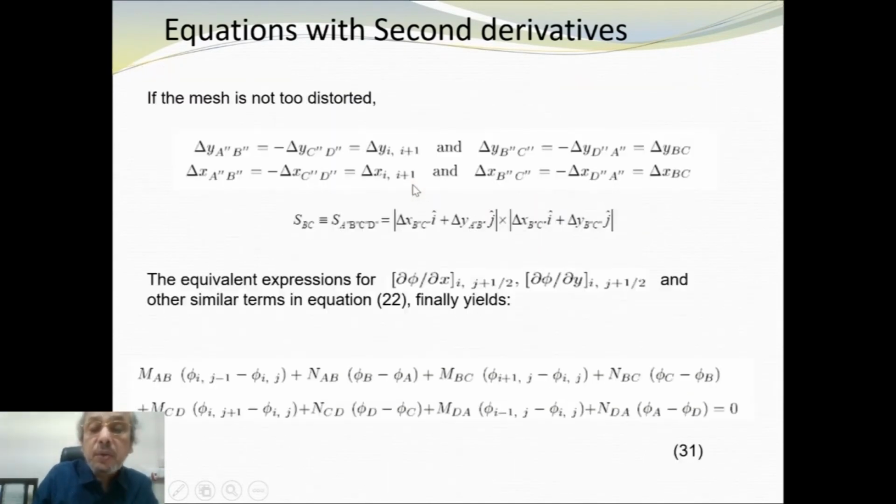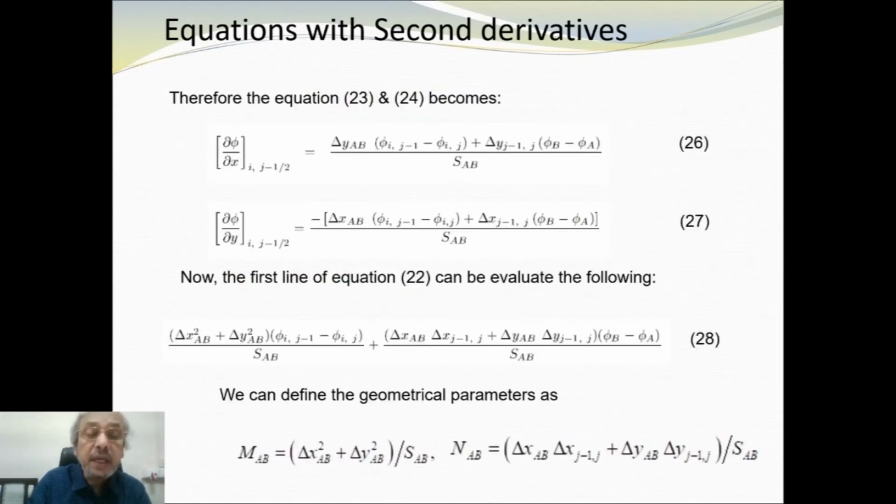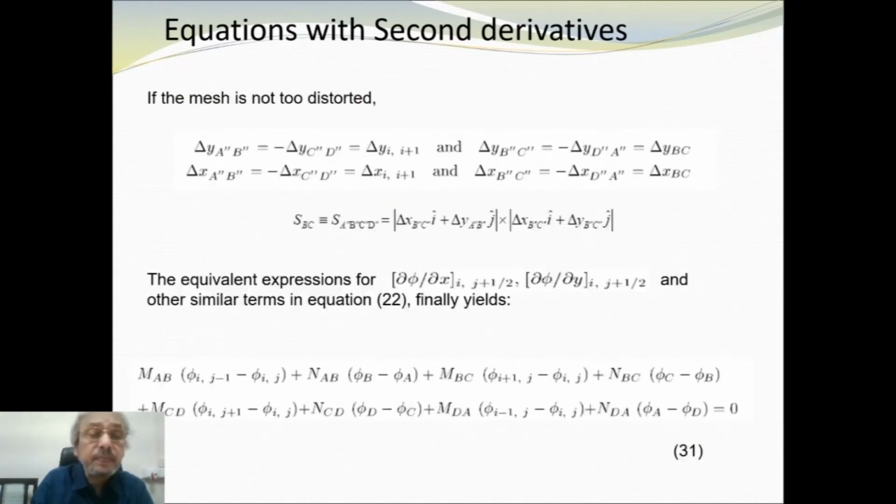So this way we have to find out all the quantities, and then if we assemble them, we'll see, from the first line, if you recall, we got equation 28, basically geometric parameters MAB multiplied by phi ij minus phi i-1 j, and NAB multiplied by phi B minus phi A. So every line will generate some such geometric parameter equivalence multiplied by the difference in field variables.